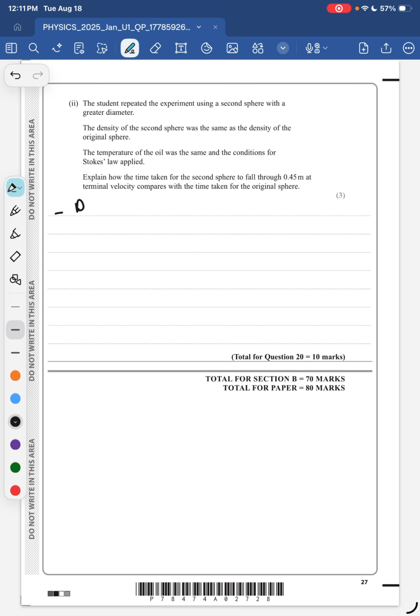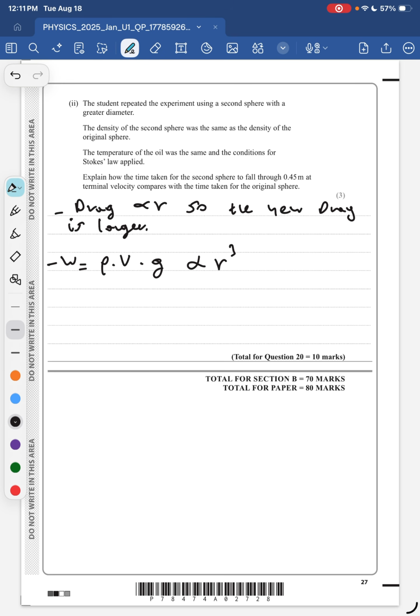So the drag is proportional to the radius, so the new drag is larger. The weight is equal to rho times volume times g, so that's proportional to r cubed, right? And the upthrust is equal to the density of the liquid times the volume displaced times g, so it's also proportional to r cubed.